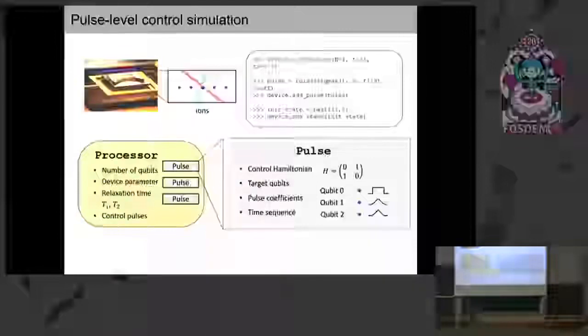With this, you can define your device and add some pulse to it. Like I show here in a short code block, you have a sigma Hamiltonian acting on qubit 0 with some pulse shape. Then you run the states, and our simulator will tell you what your state looks like at some future time t.